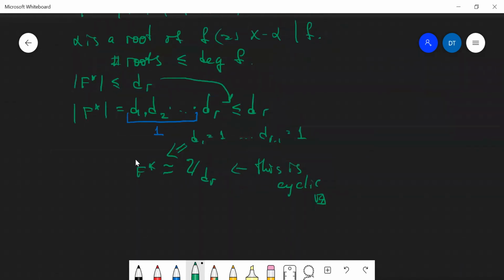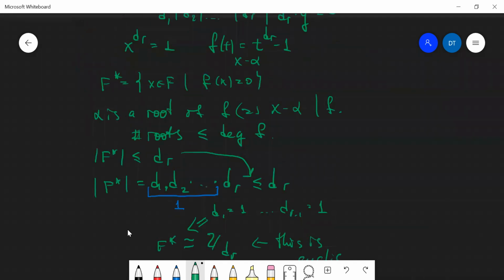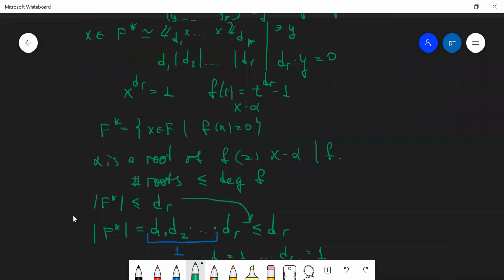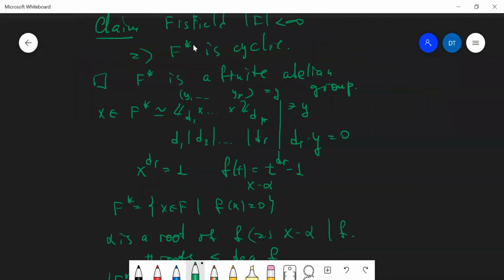Should I repeat the end of the proof, or is it clear? Okay, that's good. So the multiplicative group of a finite field is always cyclic. Sorry, can I ask?